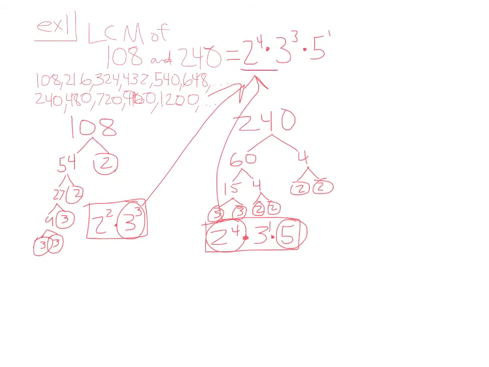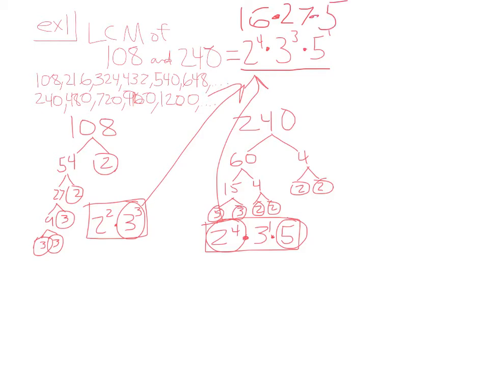So we've got 2 to the fourth times 3 to the third times 5. Well, 2 times 2 times 2 times 2 is 16. And times 3 to the third, well, 3 times 3 is 9, times the other 3 is 27. So times 27 times 5.